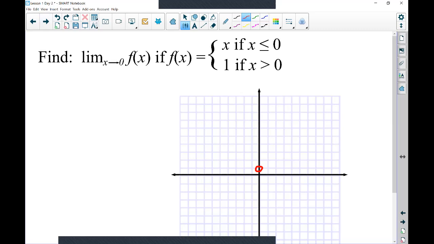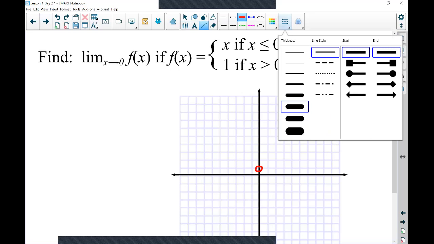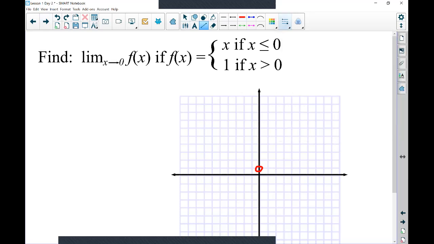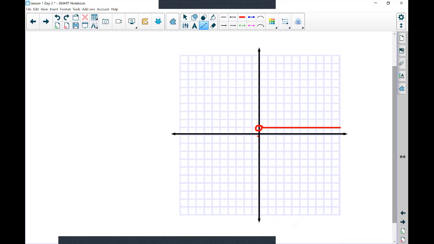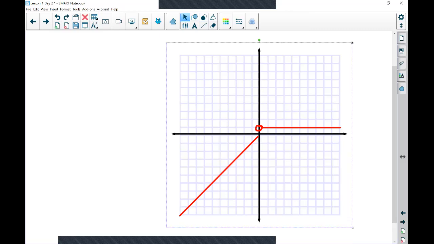It's whatever value x is. And then it's 1 everywhere else. And so my graph would look something like that.